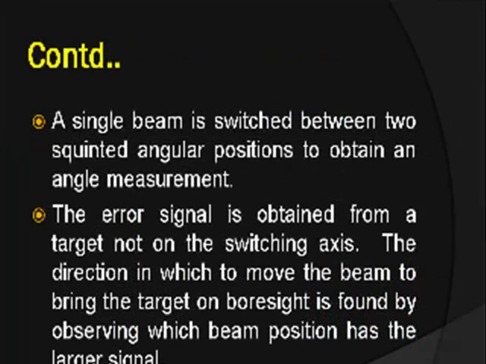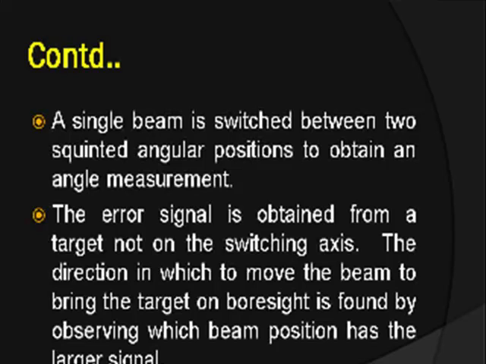So here a single beam is switched between two squinted angular positions to obtain an angle measurement. The error signal is obtained from a target not on the switching axis.